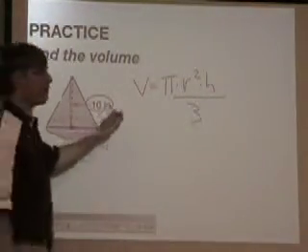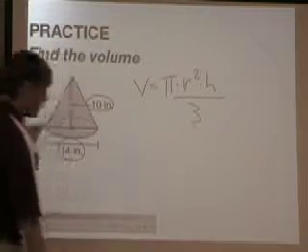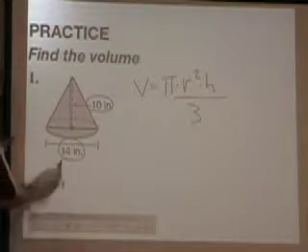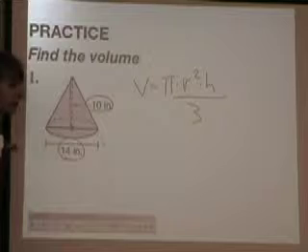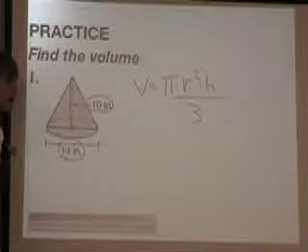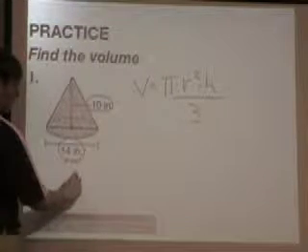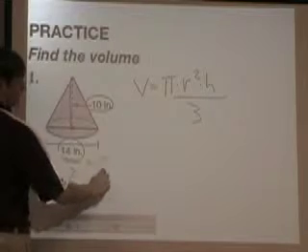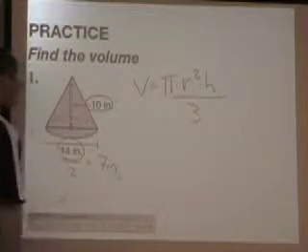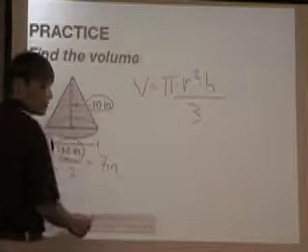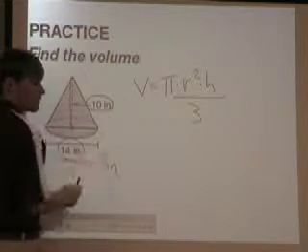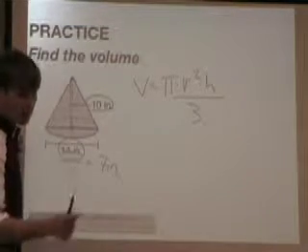This is the formula for the volume of your cone. Now, we don't use the diameter in that formula, do we? What do we use? The radius. So we have to divide the diameter by 2, and what does it equal? 7 inches. So we don't do base times height. You do what it says up there. Base times height is for a pyramid.